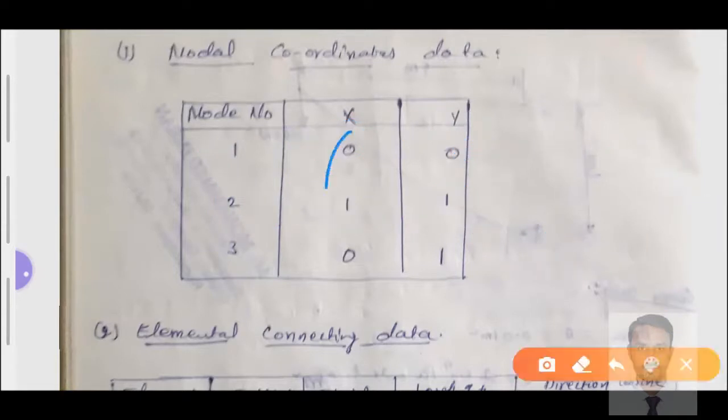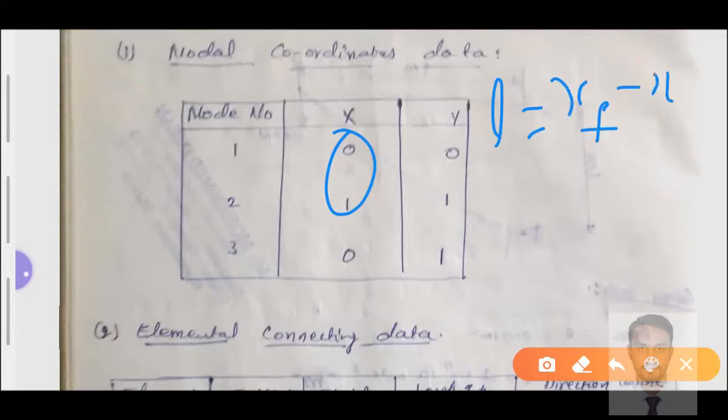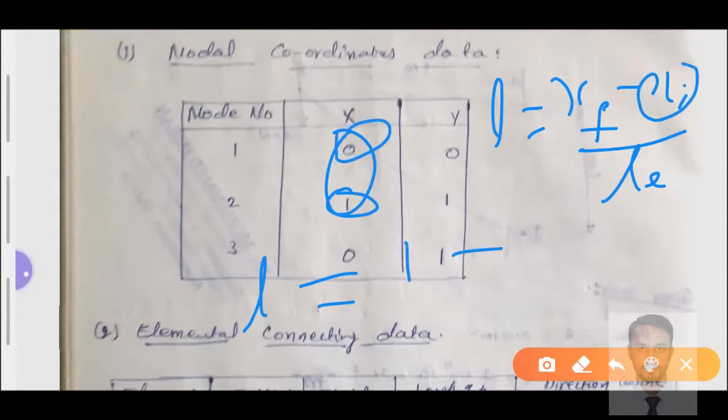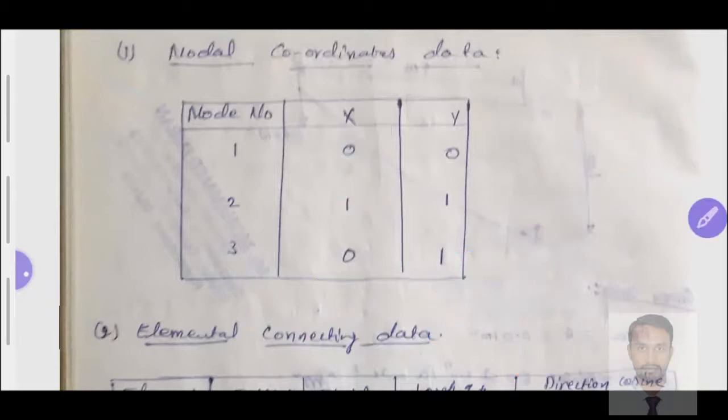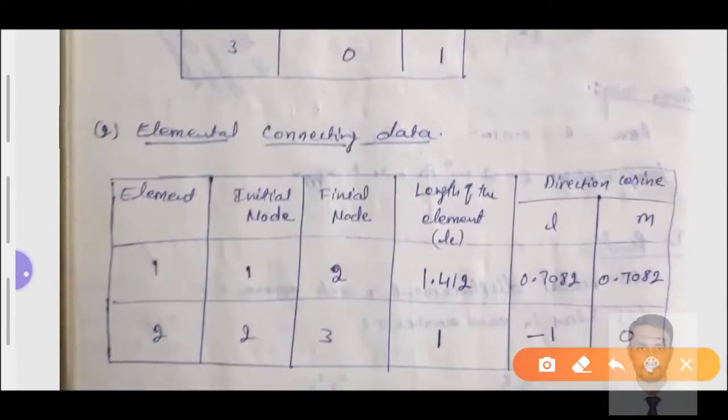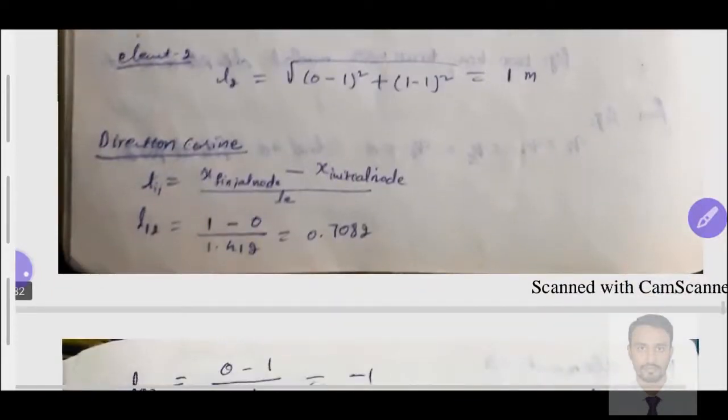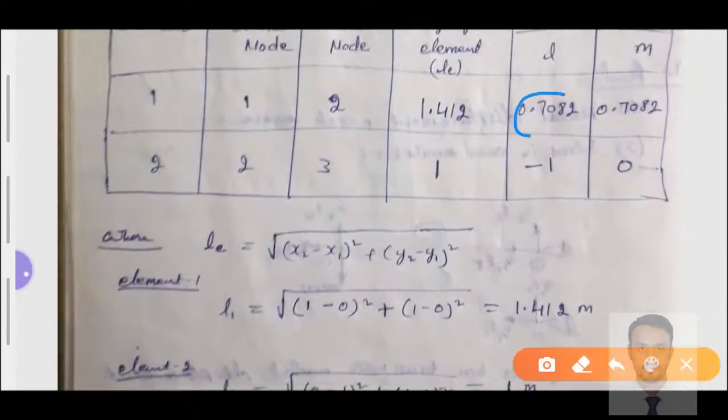Now we need to get the L value, meaning L is equal to x final minus x initial divided by LE. That means L is equal to final, meaning 1, minus initial, meaning 0, whole divided by LE. Just now we have found LE value, 1.412. So we have substituted those values here, and after calculating, 1 by 1.412 is equal to 0.7082, we have copied here.